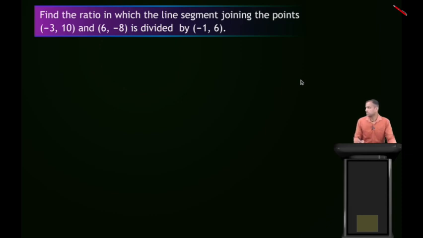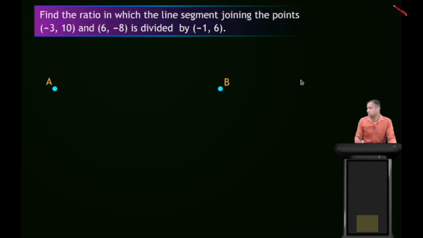Find the ratio in which the line segment joining the points (minus 3, 10) and (6, minus 8) is divided by (minus 1, 6). So yes, these are the 2 points x1, y1, x2, y2, and this is the point x, y. Okay, so from here you can get the values of these points.